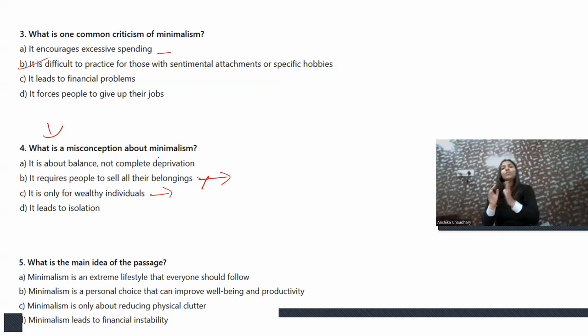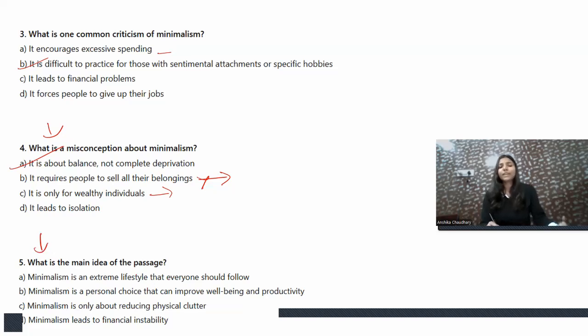So it's something about balancing. Some people like 50% minimalism and 50% sentimental equipment analysis, etc., right? So it is about how you are balancing yourself with the phenomena of minimalism. So option A is correct according to the passage.